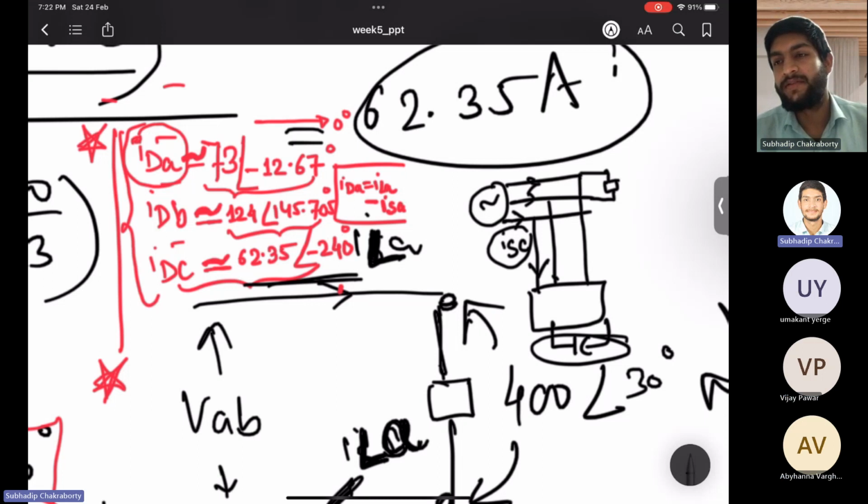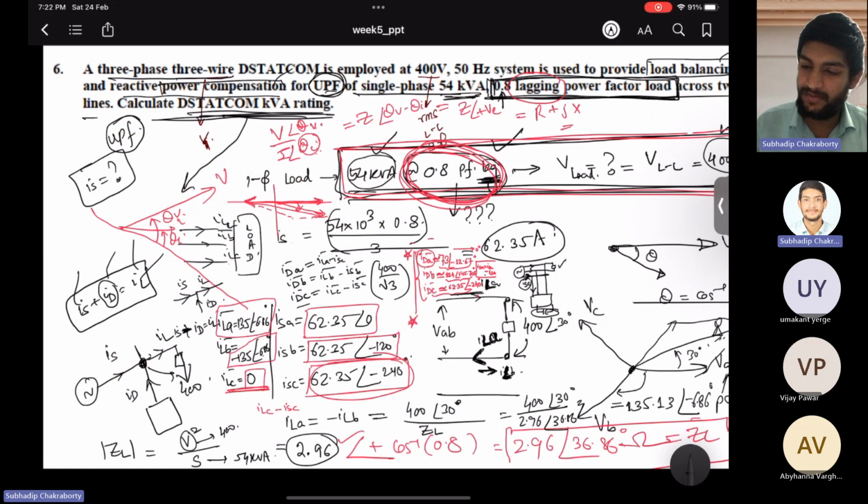So that's the main catch of this problem, that you have a single phase load connected here, which makes the load current 0 without any compensation. And once you connect the DSTATCOM, it has to push one-third of the power in this phase. For that, it needs some active power support to carry this current, some batteries or something. So you understood, right?